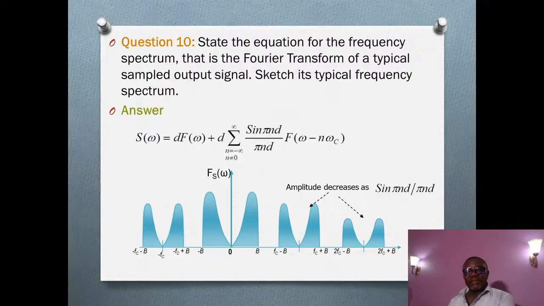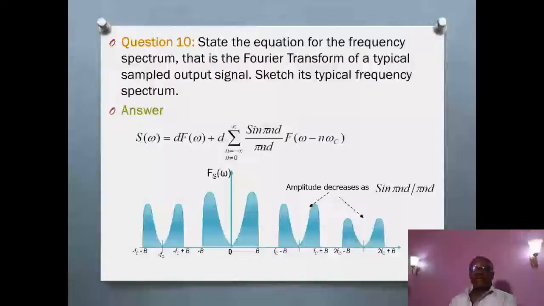To the right and left of it, you see the first harmonic of the signal ranging from 0 to minus B on the left and 0 to plus B on the right. If you go further another distance from that 0, you have the harmonic of that first signal, which we give to the left as Fc minus B, where Fc is the carrier frequency.